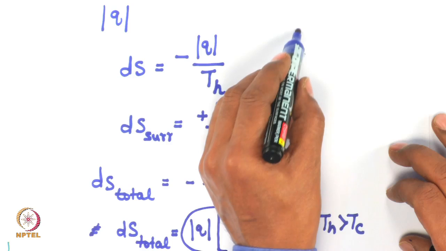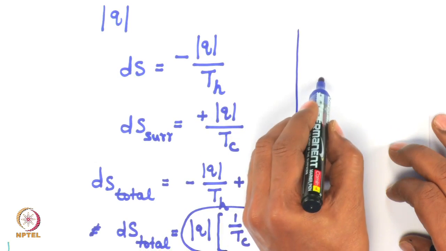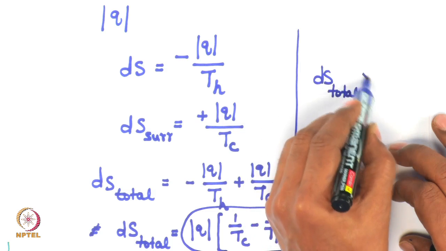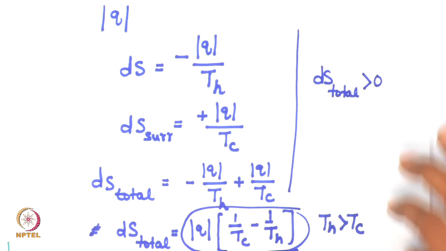So, we show here that ds total is greater than 0, because Th is greater than Tc. And again, by the arguments of the second law of thermodynamics, we demonstrate that cooling, transfer of heat from a hot body to a cold body, is spontaneous.